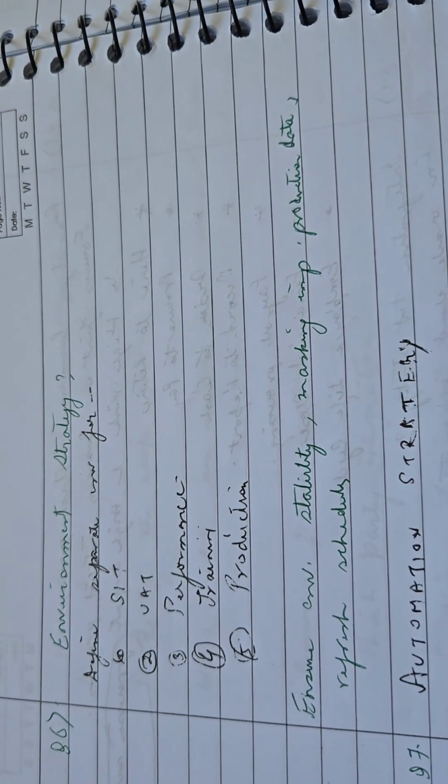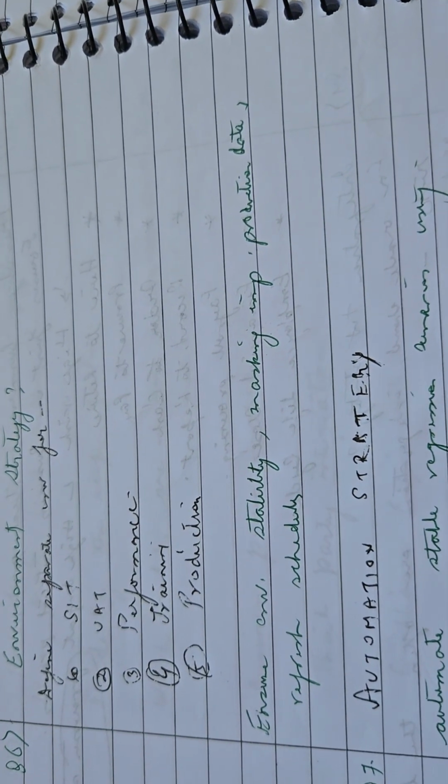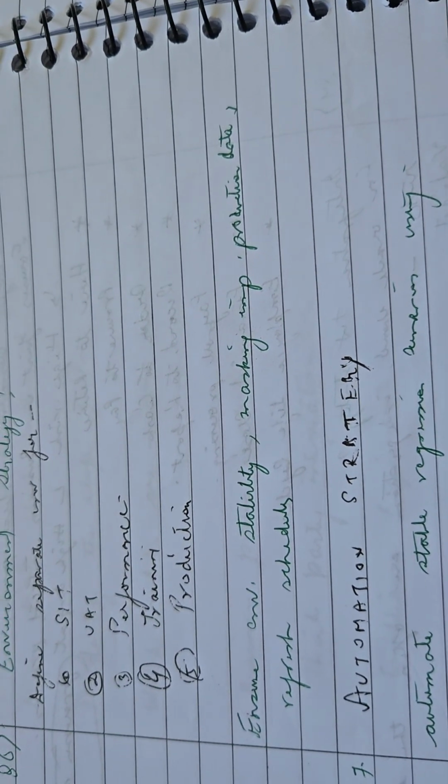So yeah, now we see the environment strategy, right? Define separate environments. Obviously you should request, and as per budget you should definitely have, separate environments for SIT, UAT, performance, training and production. In the ideal case you should have separate environments for all of these, right?